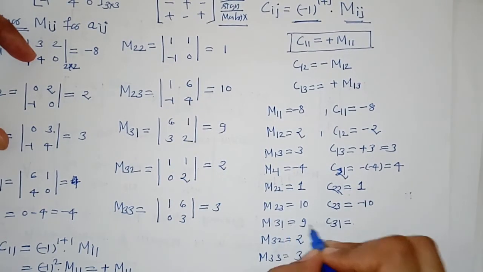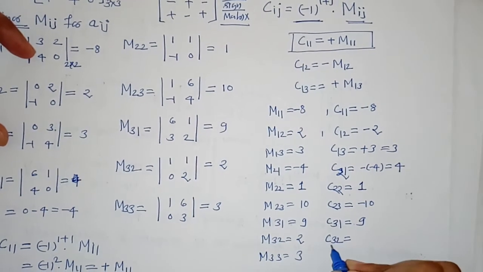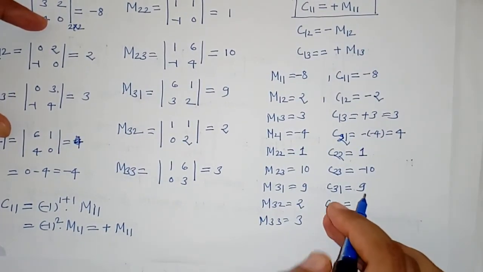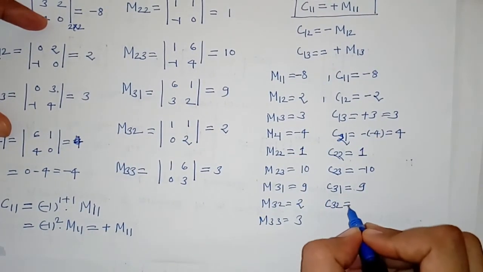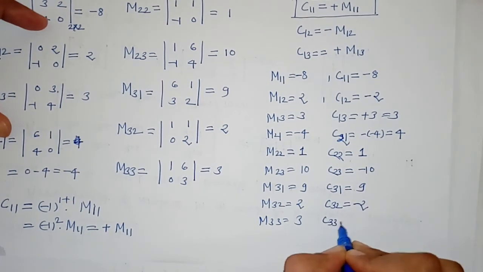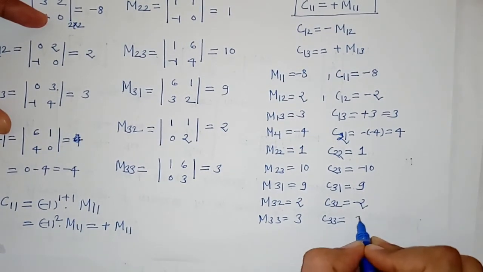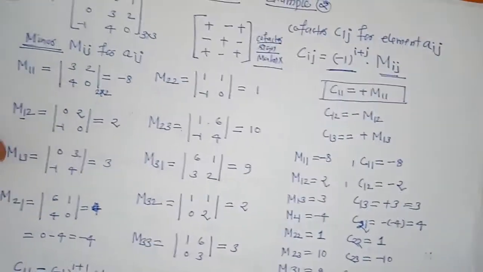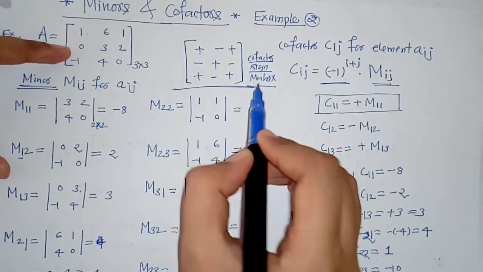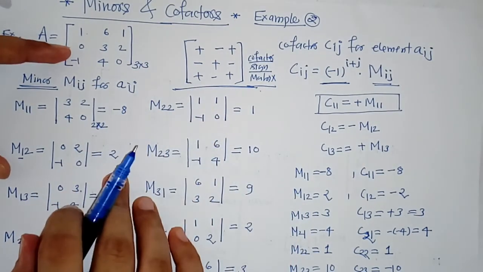C31 means plus of this one. Then C32 means 3 plus 2, this is 5, minus 1 raised to 5, that means minus, so minus of this one. And C33 is plus of this, right? So we have taken the help of this matrix for finding cofactors from all these minors.